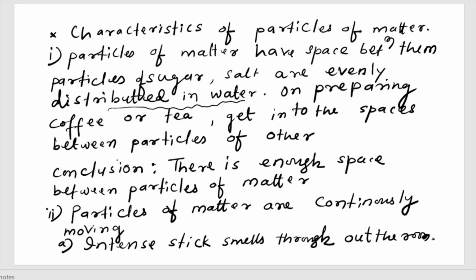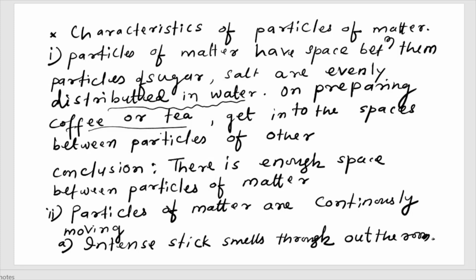When preparing coffee or tea, the particles get into the space between particles of matter. The water and tea powder you are heating, or the milk you are adding, their particles get into the spaces between the water particles.